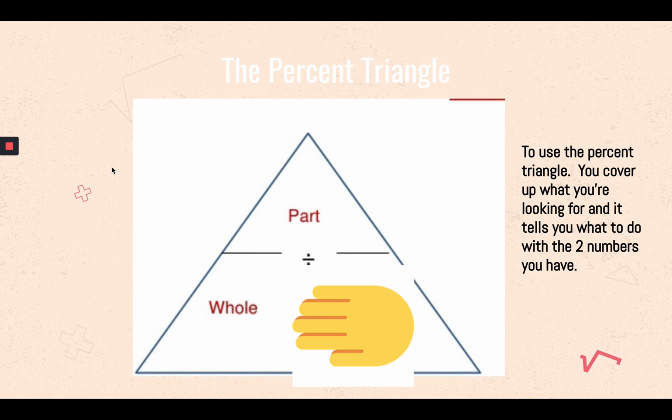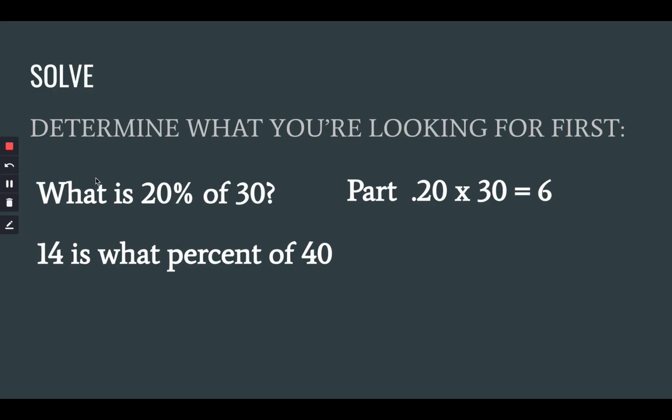Percent is part divided by whole. So again, we're looking for percent, and it's part divided by whole amount, or 14 divided by 40, which gives you 0.35 or 35%.